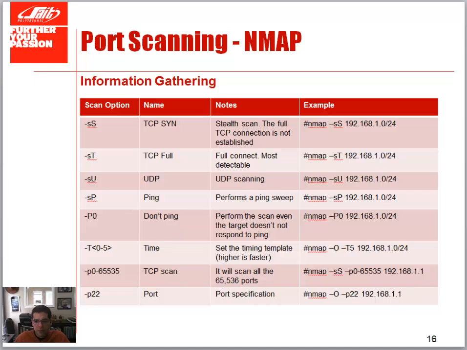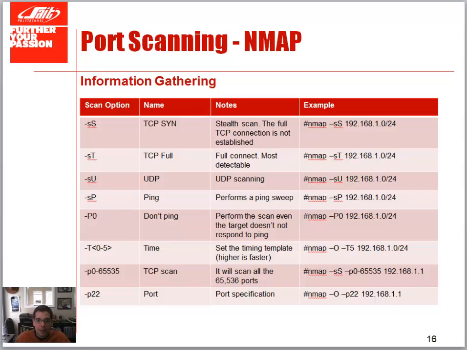If you see the previous PDF about TCP/IP review, you see the TCP handshake, and the SYN is the first communication that the client tries to establish with the server.